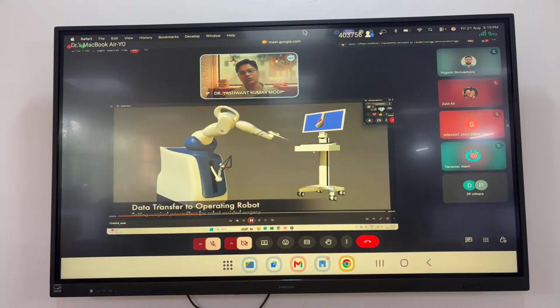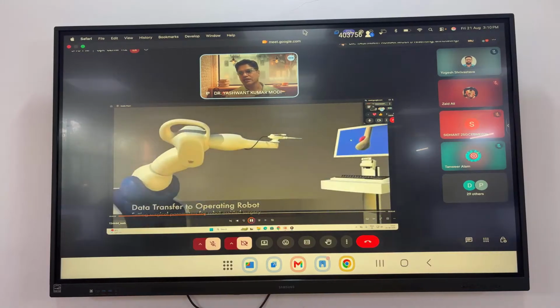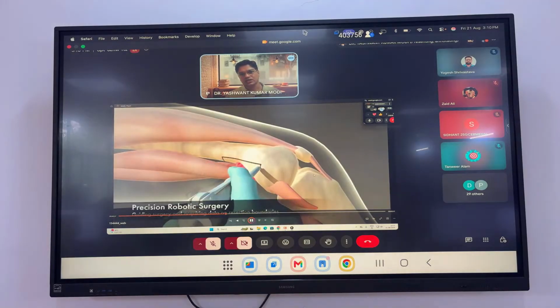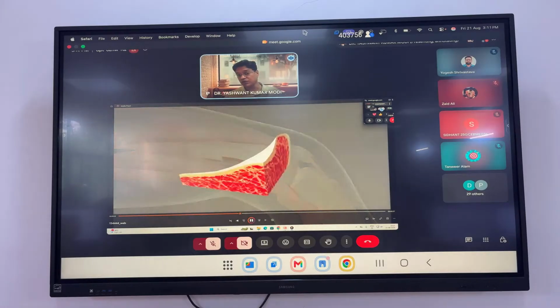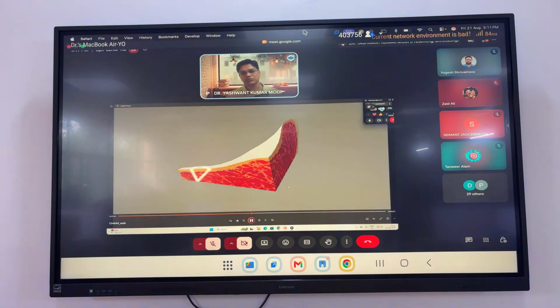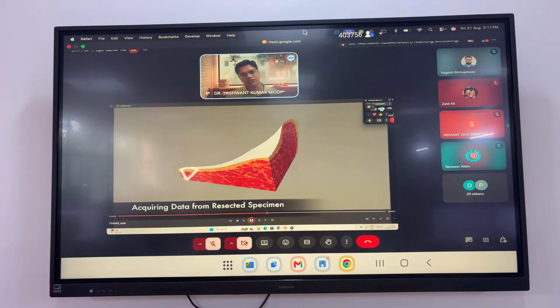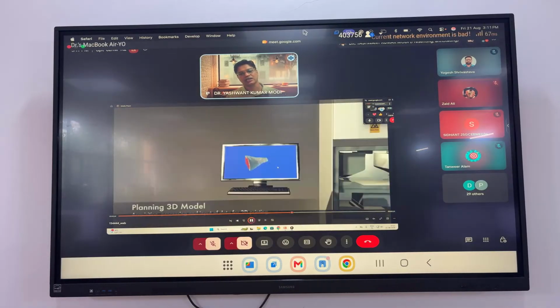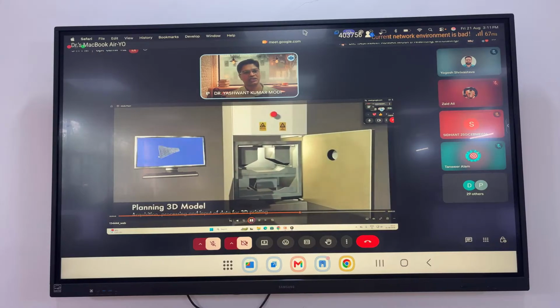Now in the CAD model itself, they remove this. Okay, this surgery is being performed, and they have removed that much portion of the bone. Now that cancerous tissue or cancerous tumor is removed, and the remaining part is again CT scanned, and the same CAD model is recreated.